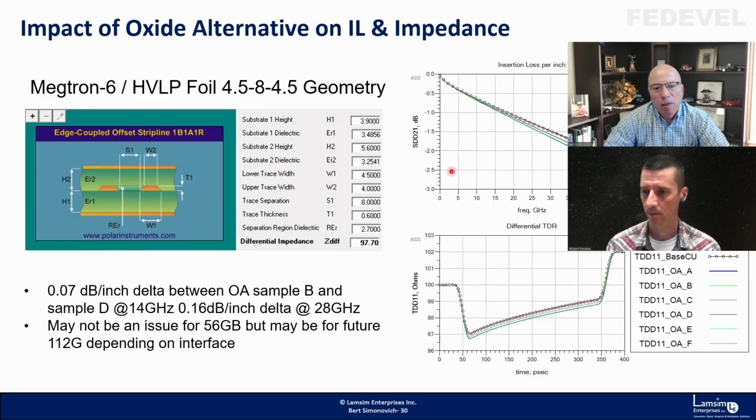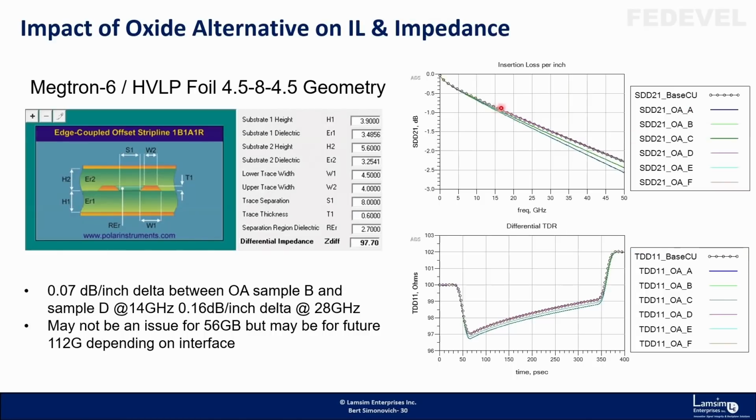I did a quick simulation to show the effect on insertion loss between the different samples, and you can see that they're pretty tightly grouped. Non-etch versus etching, at 14 gigahertz, they're pretty close, so for 28 gigabaud, we're still able to go with the etching type oxide alternatives compared to the non-etch.